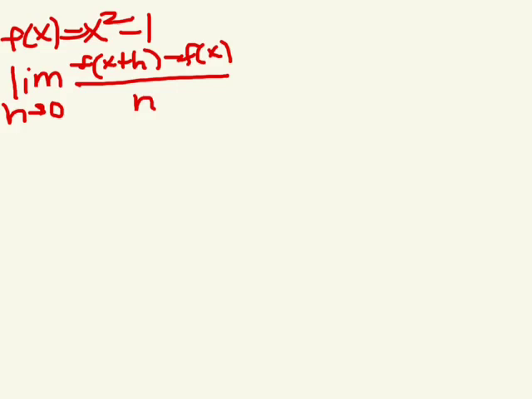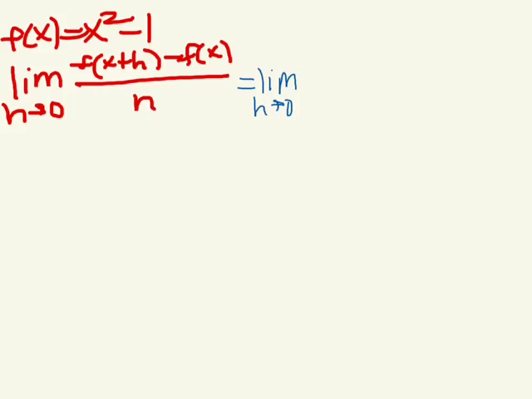Okay, so here I have our example, and I have written the difference quotient for us. And we're going to go ahead and evaluate this. Now remember, until you actually use direct substitution to evaluate the limit, you must write the limit as h approaches 0. Okay, so first of all, we have the limit as h approaches 0 of f of x plus h.